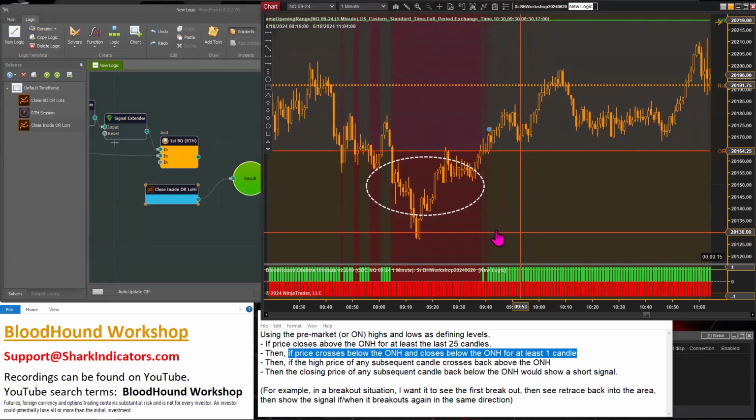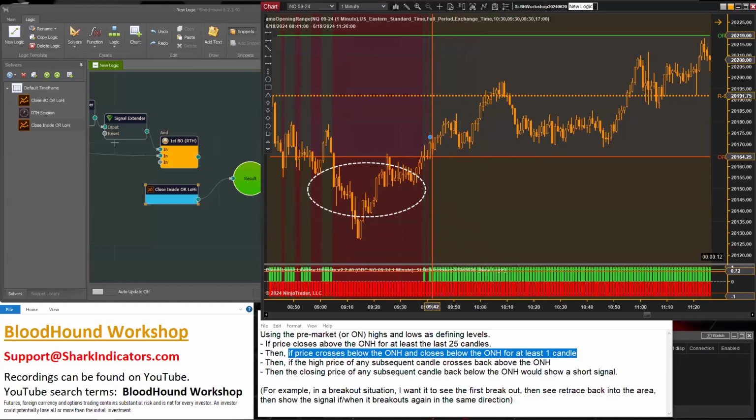And there we have it. So when the close is above the upper range, then we're getting a long output here. I'm thinking to myself, I wonder if I need to clean this up as well.